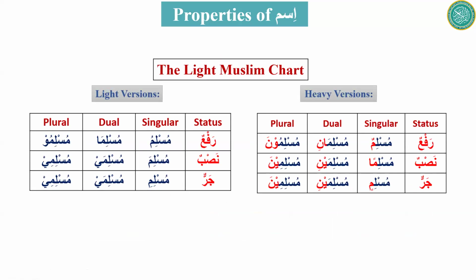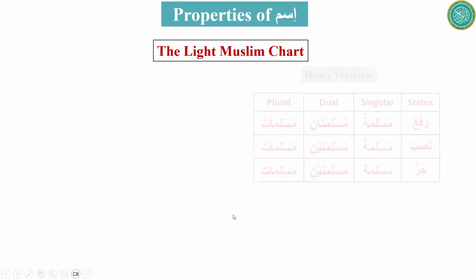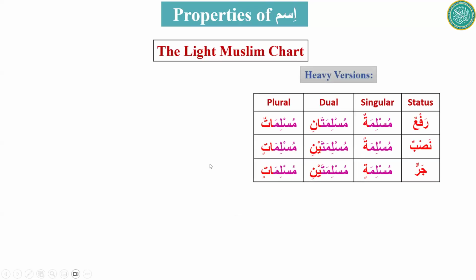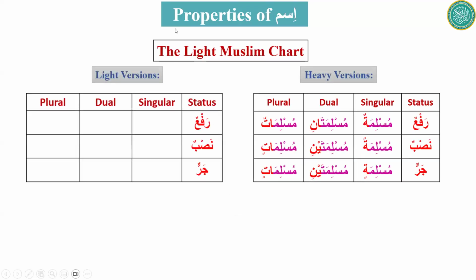Heavy version is on the right hand side and light version is on the left hand side. Muslimu, Muslima, Muslimi, Muslima, Muslimai, Muslimai, Muslimu, Muslimi, Muslimi. Simple as that. Now we know heavy and light. And we can do the same thing for the feminine chart, inshallah. I will get some help for that.